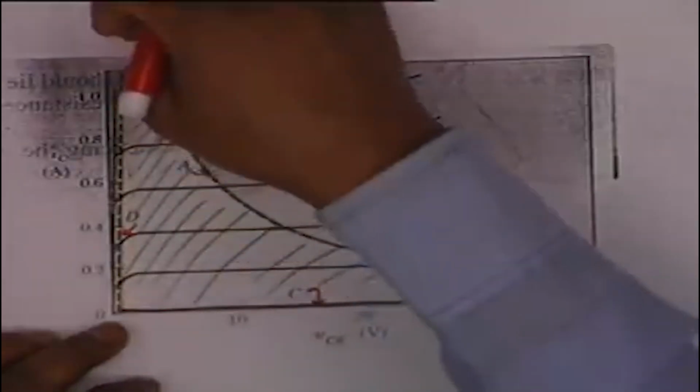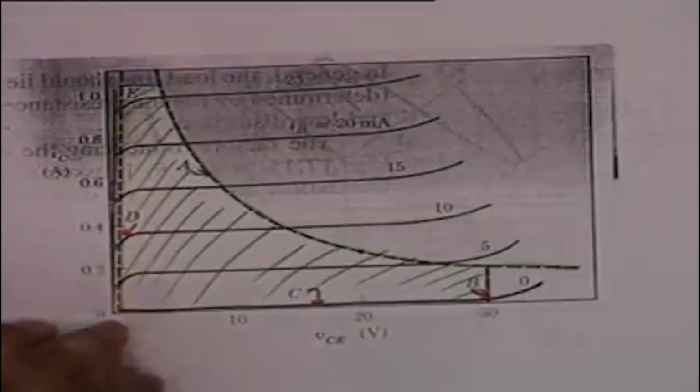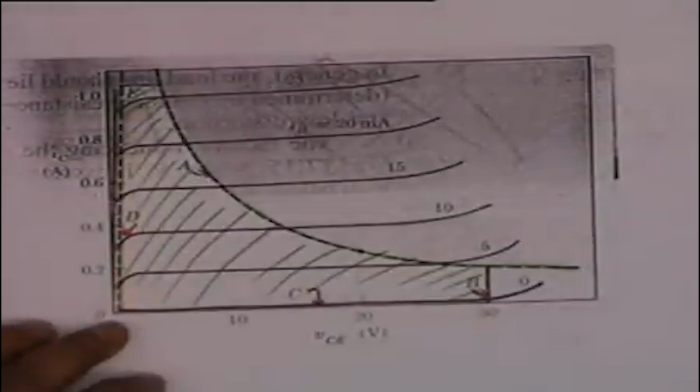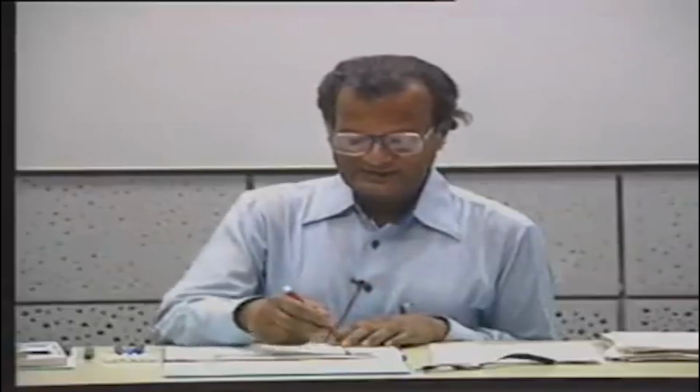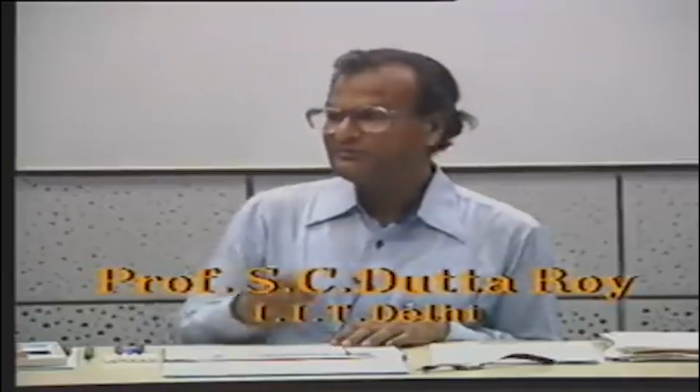You can increase the current beyond this, however, but the manufacturers say we will specify your transistor only within a certain maximum collector current, and this sets the line E as indicated here. Therefore you have a completely bounded region within which you must operate the transistor.